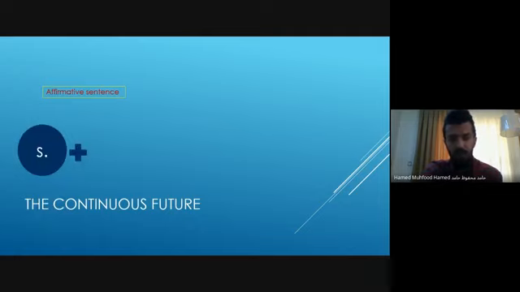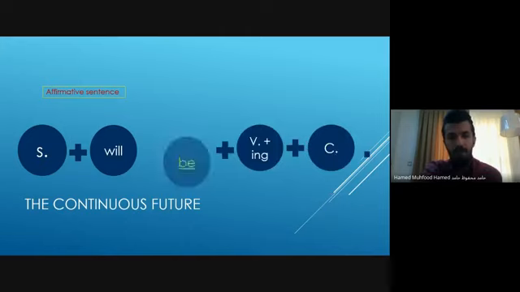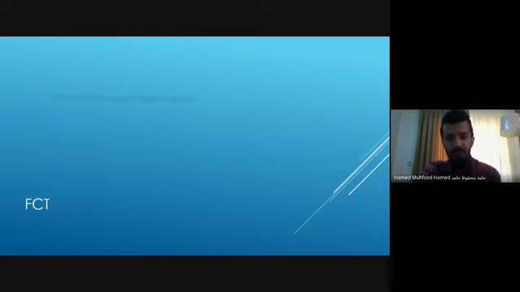And after the subject, we should have the modal verb or the auxiliary verb will, and then the verb be, and then the main verb of the sentence in its ing form, and then the complement. And of course, if we are talking about an affirmative sentence, we should end it with a full stop. So subject, will, be, verb in ing, and then a complement, right?